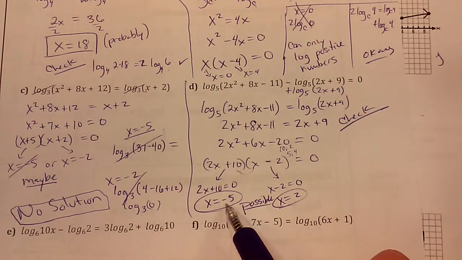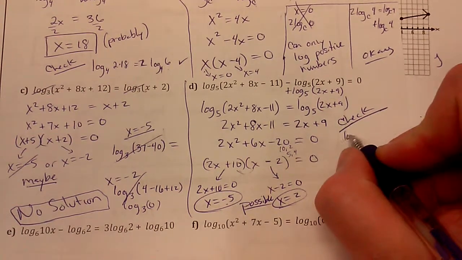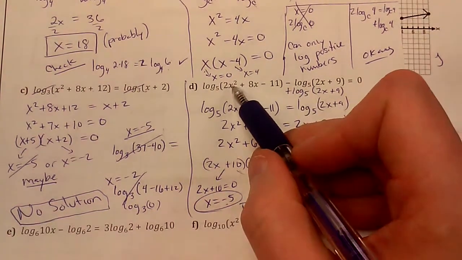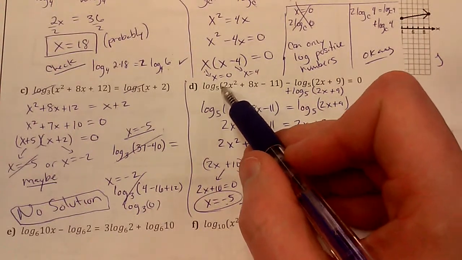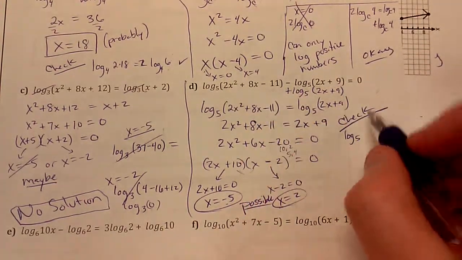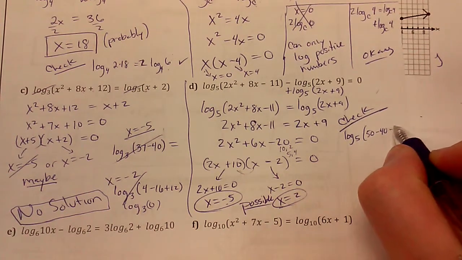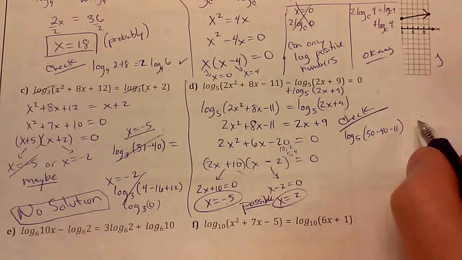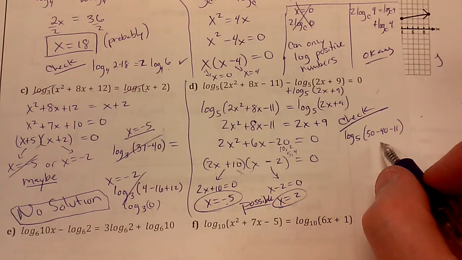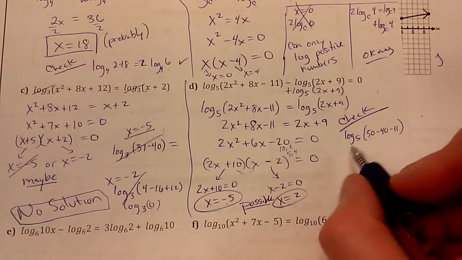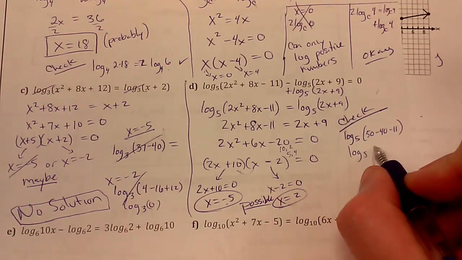When I plug in a negative 5, I get the log base 5 of 50 minus 40 minus 11. Oh, that's not going to work. It's the log base 5 of a negative 1.